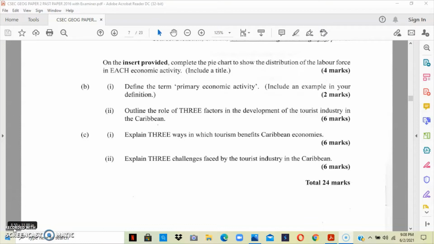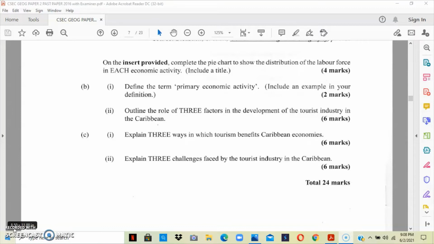Now, part 2 asks us to explain 3 challenges faced by the tourism industry in the Caribbean. Now, even though there are a lot of advantages and benefits to tourism, we do have a few challenges as well. The major one is that we have competition from other global destinations.